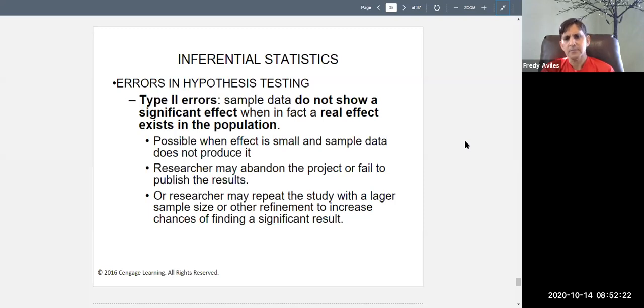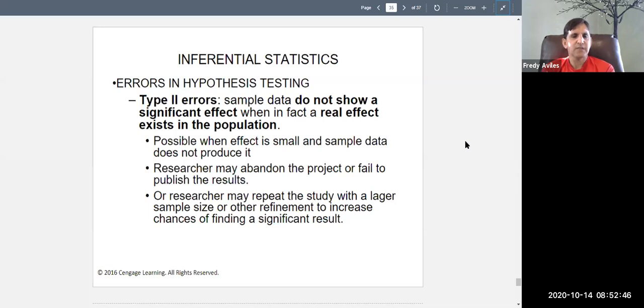So that's possible when maybe the effect size is small and the sample data does not reproduce it. It's possible that the difference is small, and it's hard to find that difference. When there's a very small difference, it's really hard to find it.